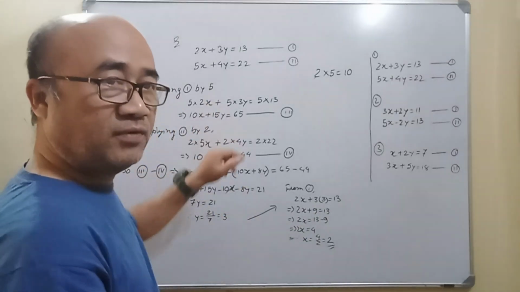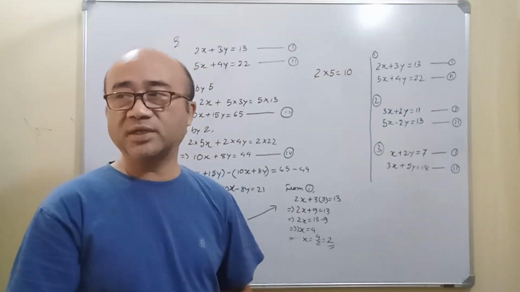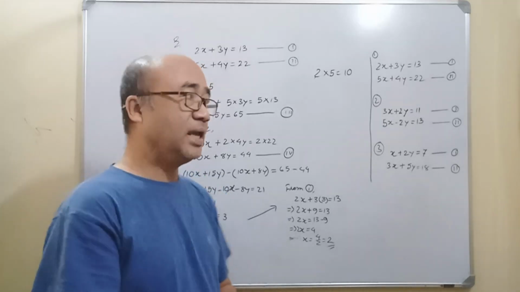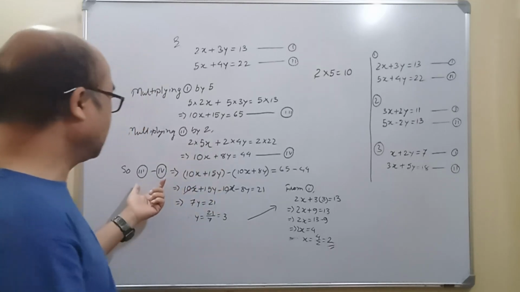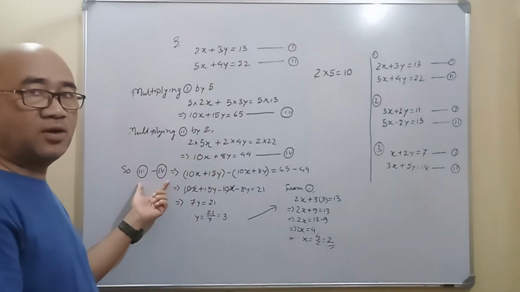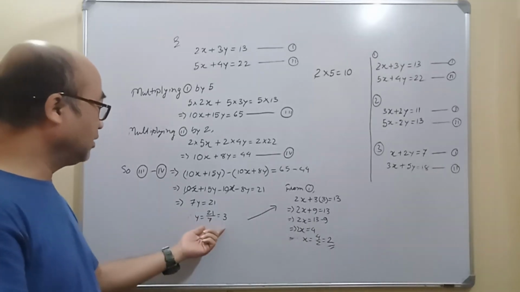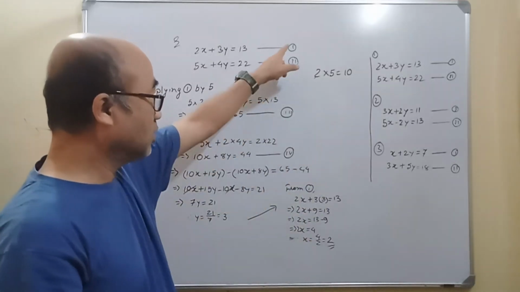So that is the method of elimination, where you make the coefficients of one of the variables equal in both the equations and then eliminate that variable either by subtracting or adding and then get the value of the other variable, then substitute it in one of the equations.